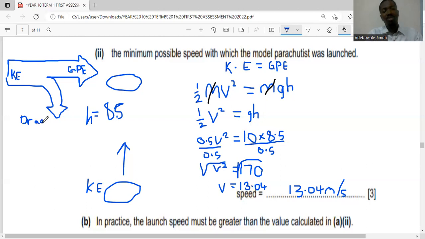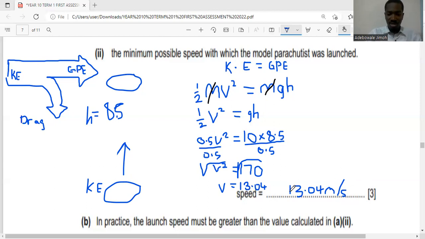Air resistance consumes some energy, and that's the main reason why you have to give this model parachutist more kinetic energy than the gravitational potential energy you are expecting. So you must launch it with a speed that is higher than 13.04.